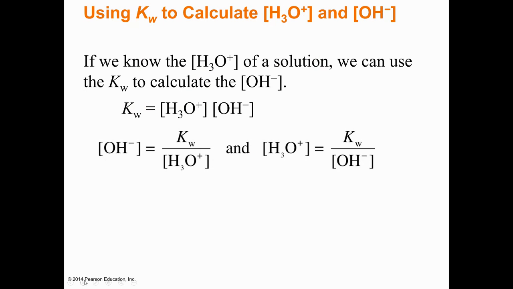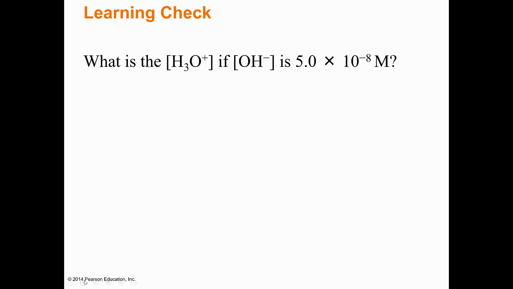This is the same thing I just wrote up. And then we can practice on this one as well if you'd like. What is H3O plus if hydroxide is this? So H3O plus will equal Kw divided by the hydroxide concentration.